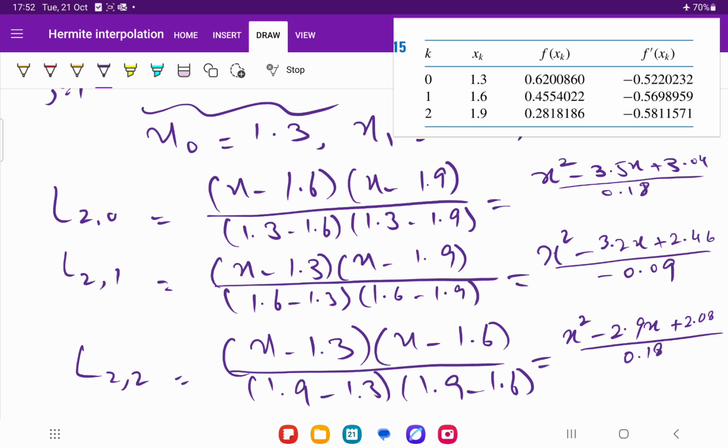Now we have to take the derivative of each of L0, L1 and L2.